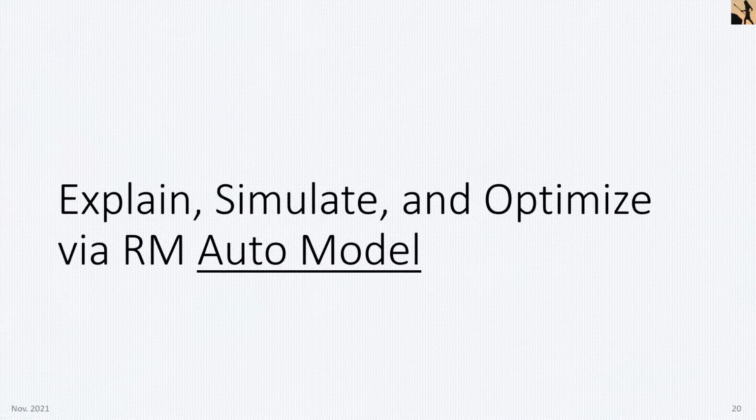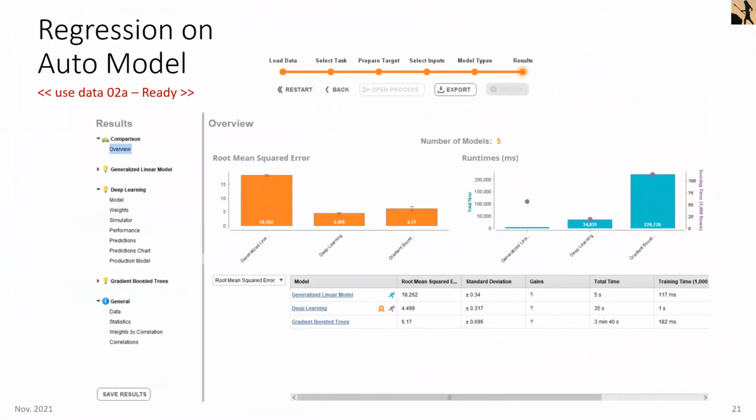Okay, first of all, on the Auto Model, what we can see. This is a review if you already play with this in the Auto Model. So now let's first talk about how to play with these features, the interpret, simulate, and optimize in the Auto Model, right?